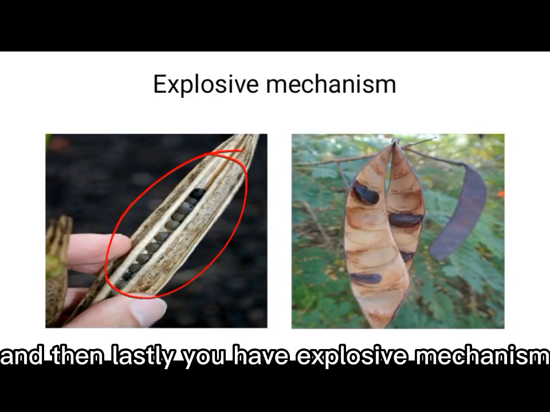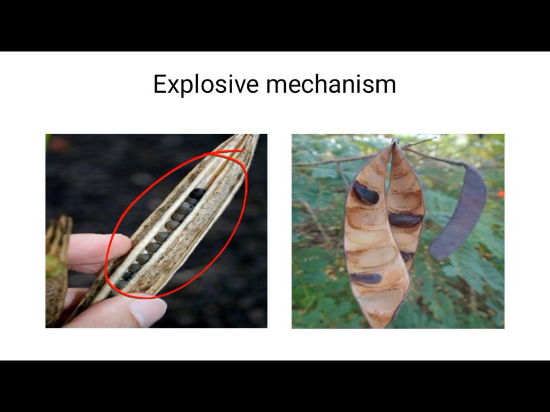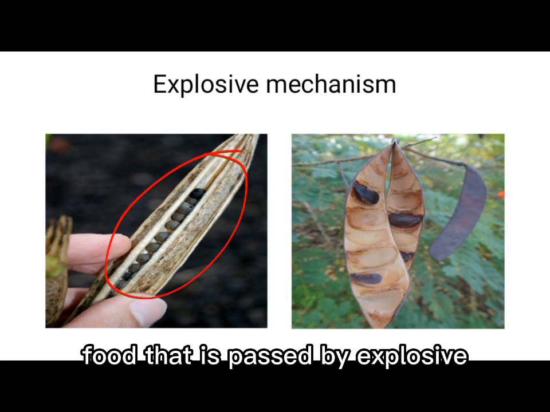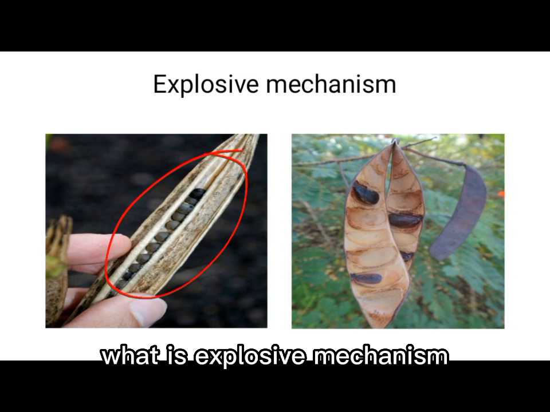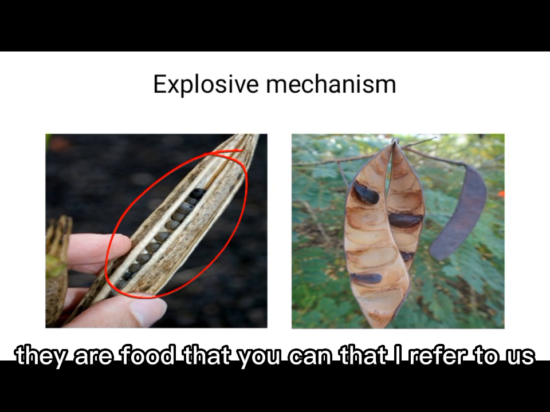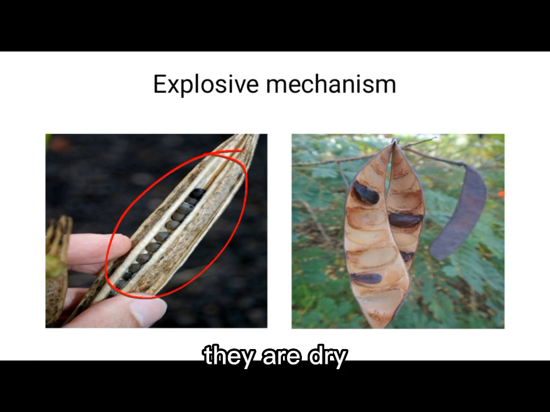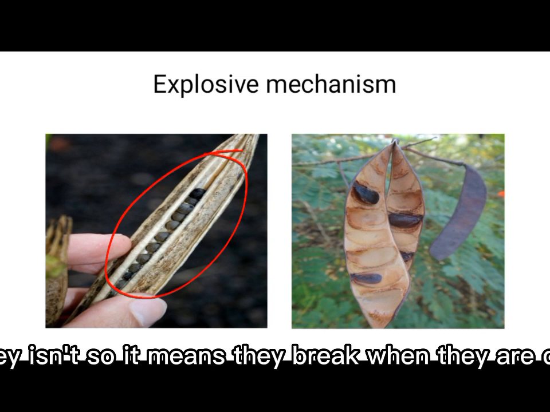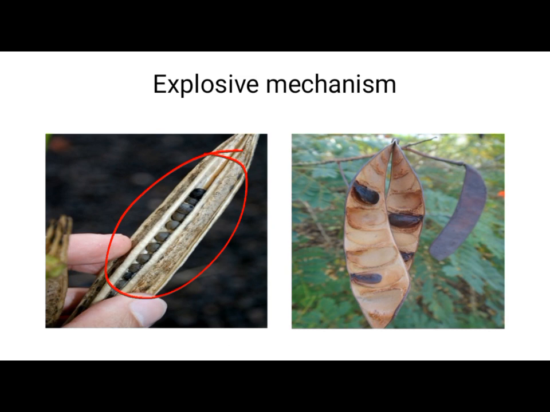And then lastly, you have explosive mechanism. What is explosive mechanism? It means such fruit will break. They are fruit that I refer to as dry dehiscent, so they break when they are dry. What is their feature? The epicarp contracts when they dry.